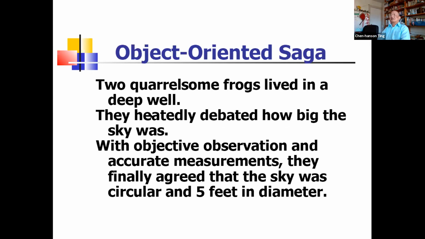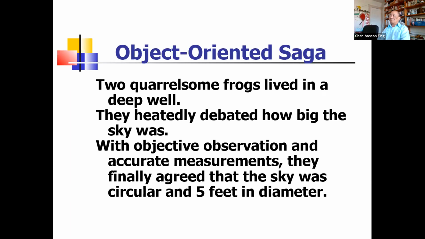So I'd like to tell you a story. This is a Chinese folklore. Two quarrelsome frogs lived in a deep well, and they heatedly debated how big the sky was.